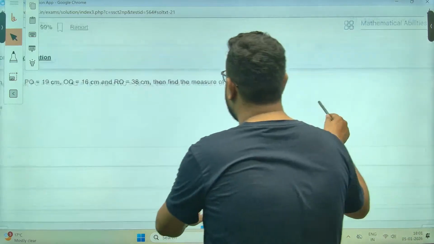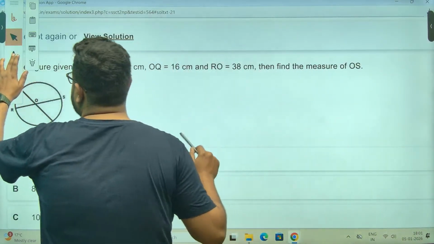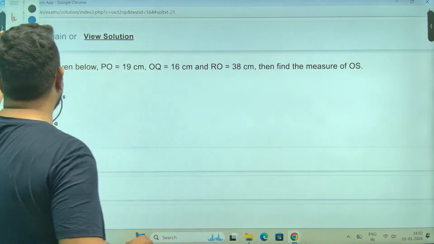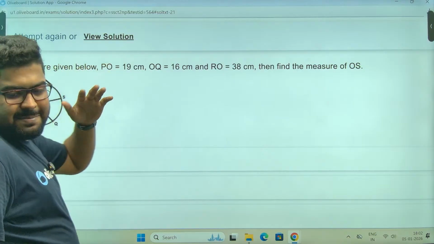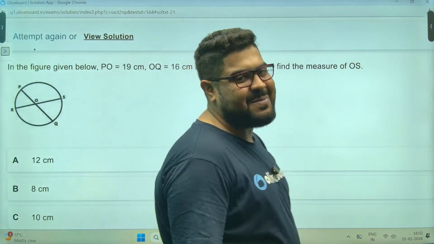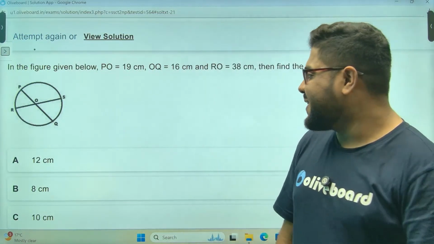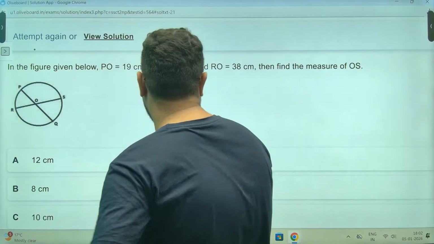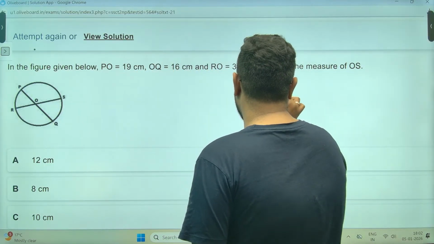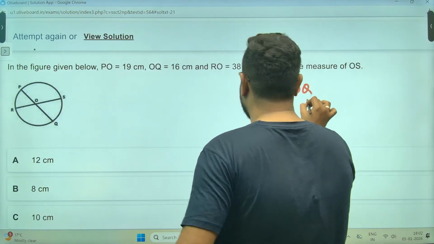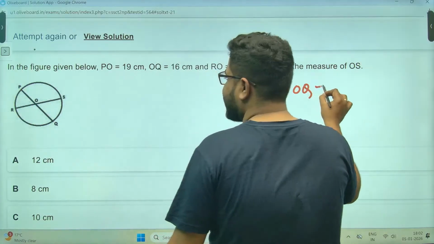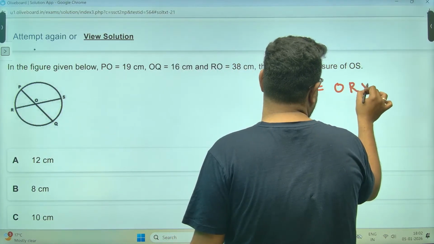Moving on to the last, I guess this is the last question, right? It is a very simple question. The first or the second property of circle. Sir, PO into OQ, writing it here. PO into OQ for intersecting chords is equal to OR into OS.